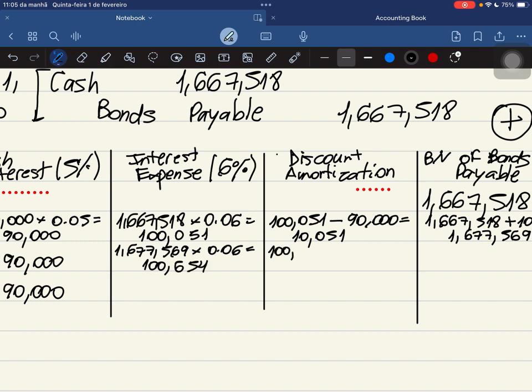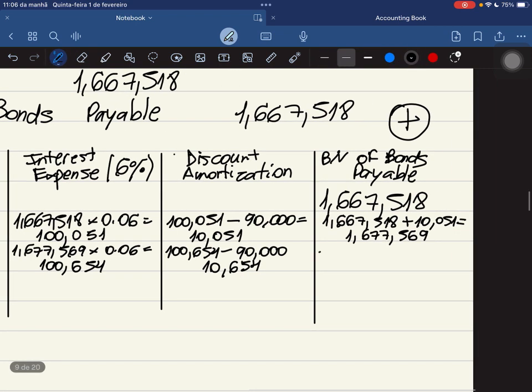Biggest number minus smallest number. 10,654, and add that previous book value with the amount that you just found out.